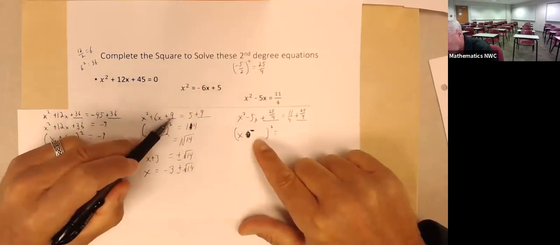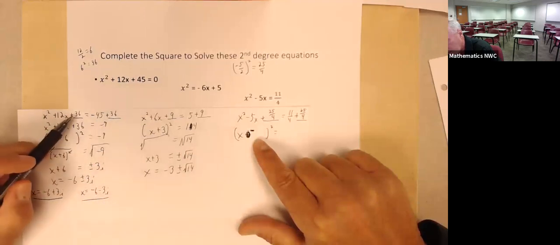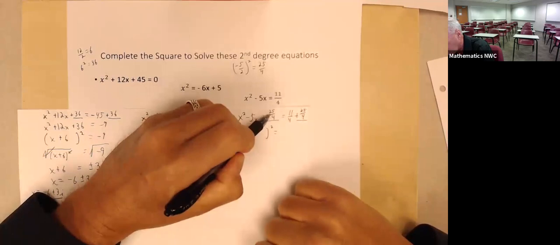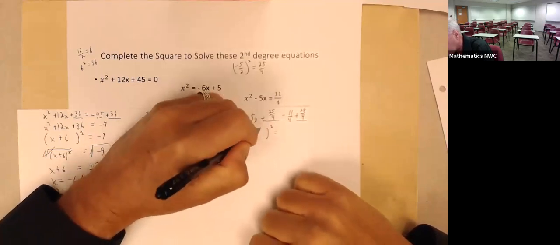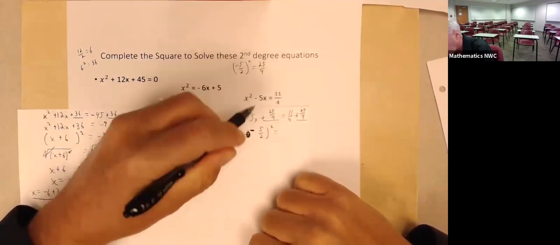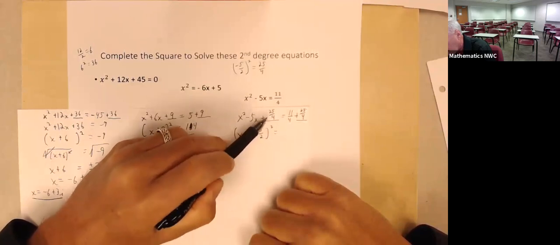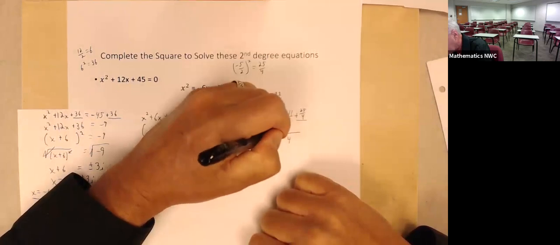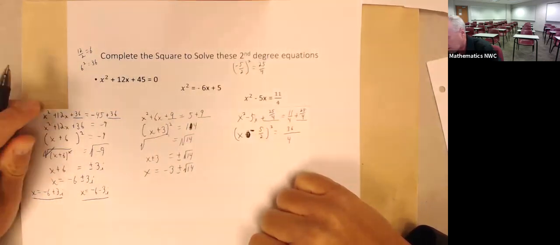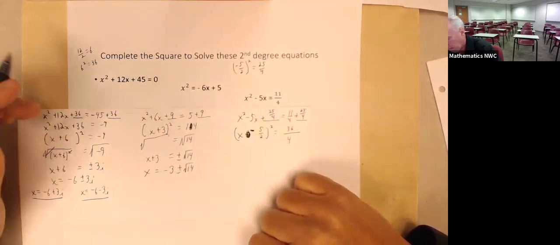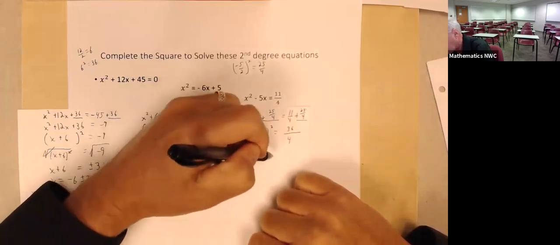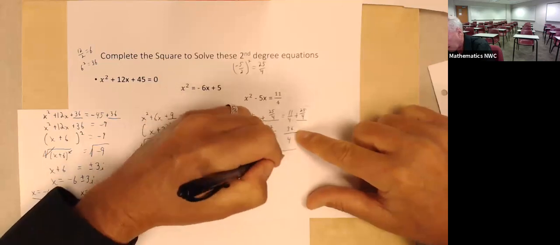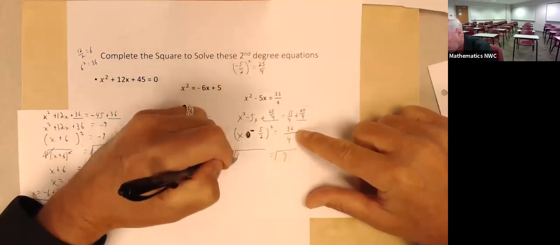But remember, the square root of 9 gave me 3, the square root of 36 gave me 6. I need to take the square root of 25/4, which is 5/2. The square root of 25 is 5, the square root of 4 is 2. This side, I just need to add those fractions together. Then I take the square root of both sides. This, by the way, is actually the number 9.